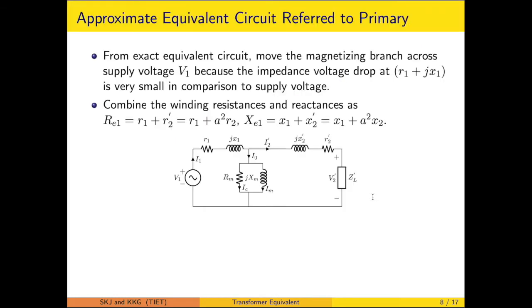Now the approximate equivalent circuit is to be obtained. So this is the exact equivalent circuit referred to the primary which we have obtained previously. So there are two modifications which are done in this.